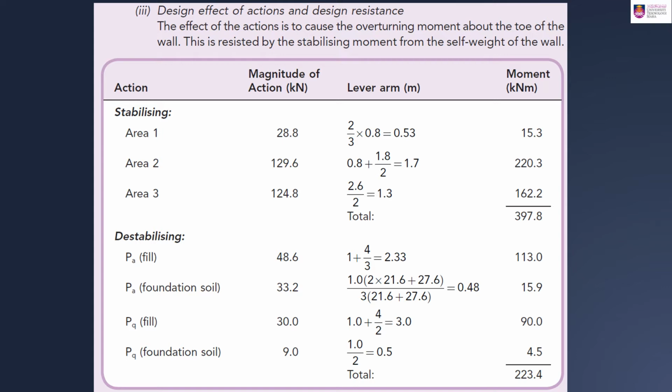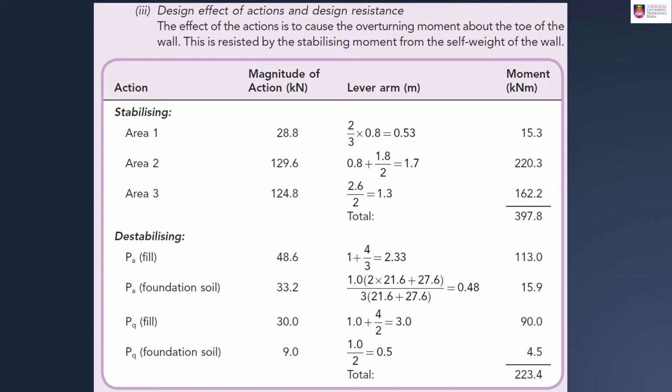As you can see from this table, the destabilizing thrust, or the destabilizing forces, come from the fill, where the magnitude is 48.6 kN, the foundation soil in active state is 33.2 kN, while for the surcharge thrust from the fill it is 30 kN and the foundation soil is 9.0 kN.